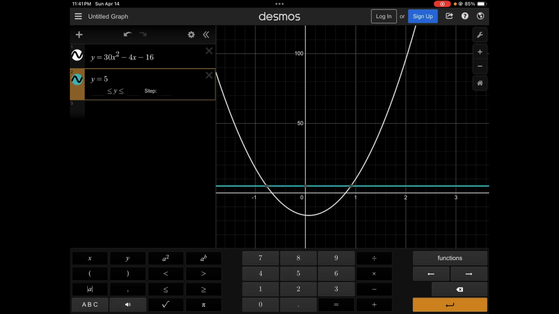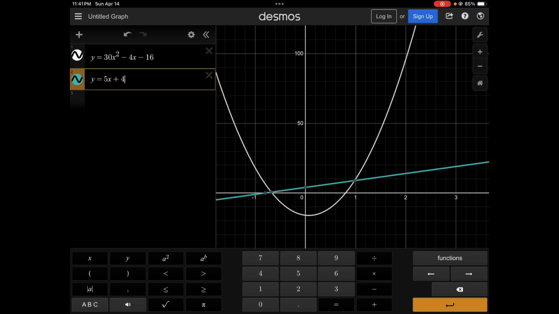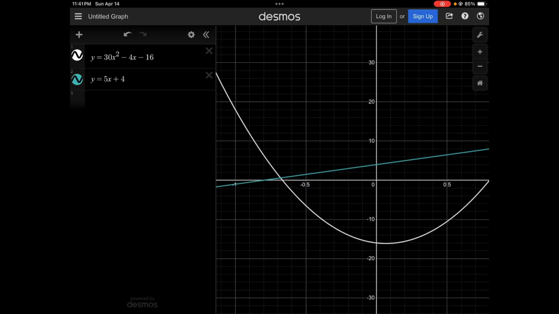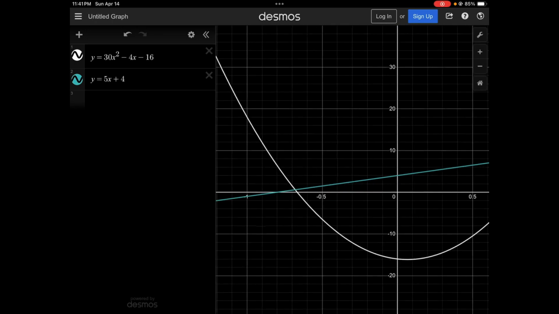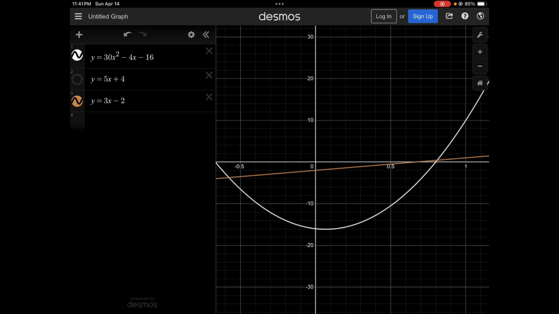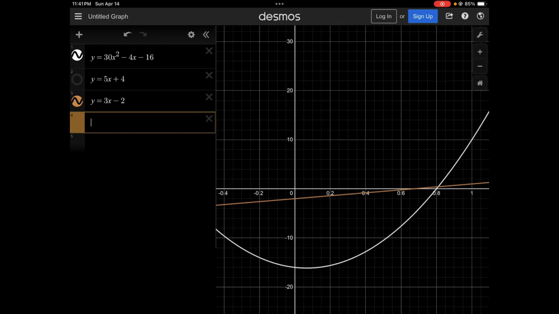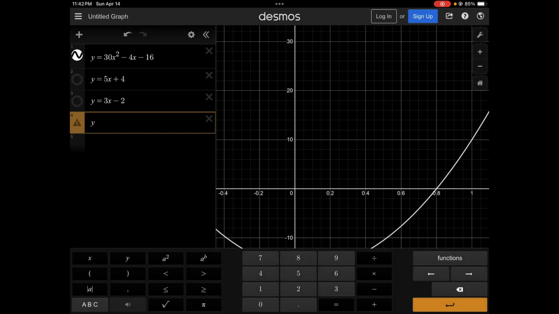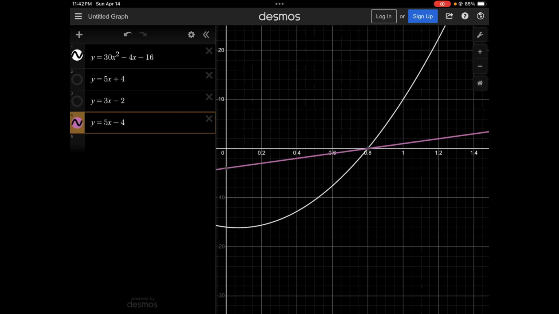Okay, so let's do that. Y equals 5x plus 4. Looks like it's really close, but that's not it. Let's go to the next one. Y equals 3x minus 2. Let's see. It's pretty close, but it's not it. And then y equals 5x minus 4. 5x minus 4 looks like this one.